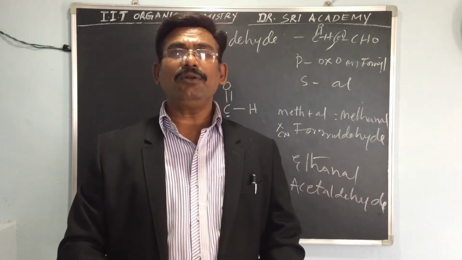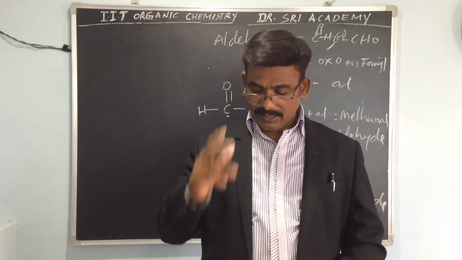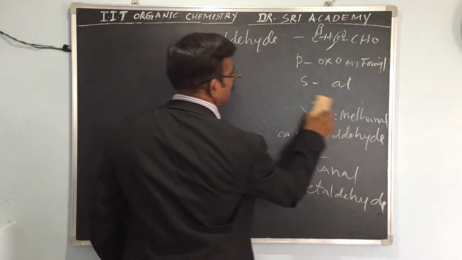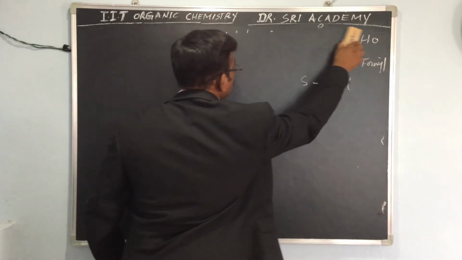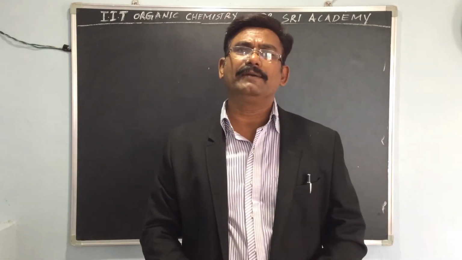But we have to see examples with two or three functional groups. These are the common things, anybody can write all these. But how do you name a mixture of two or three functional groups? That is very very important.